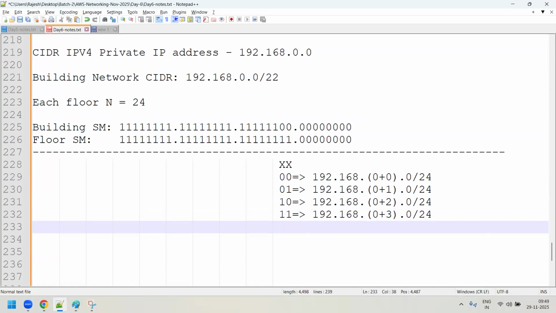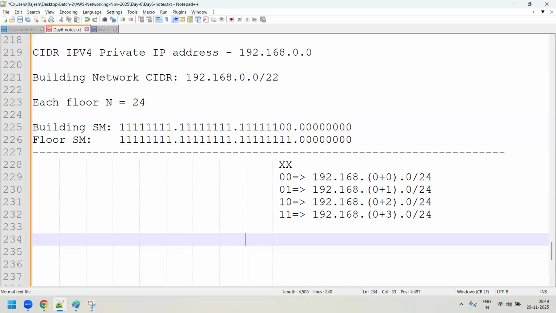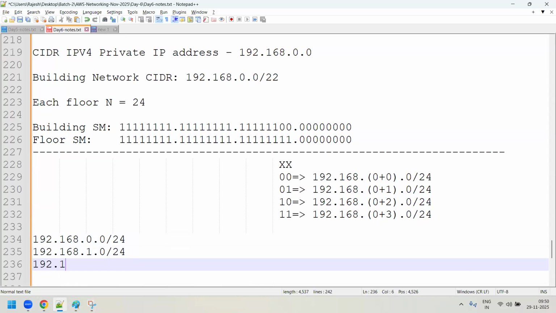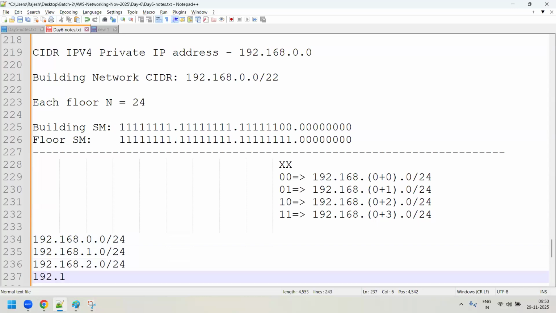Like this. So now what happened, guys? You got this range actually: 192.168.0.0/24, 192.168.1.0/24, 192.168.2.0/24, and 192.168.3.0/24.